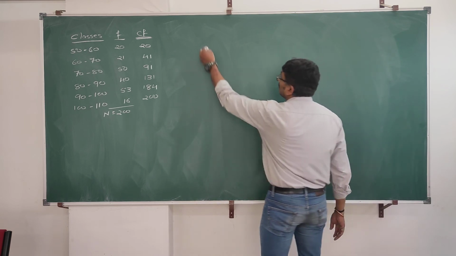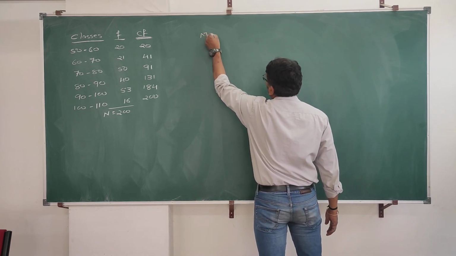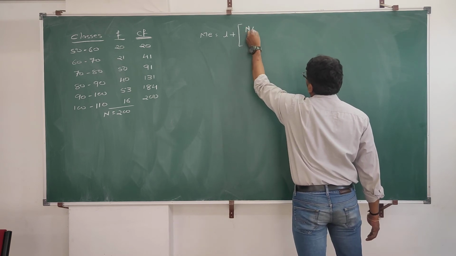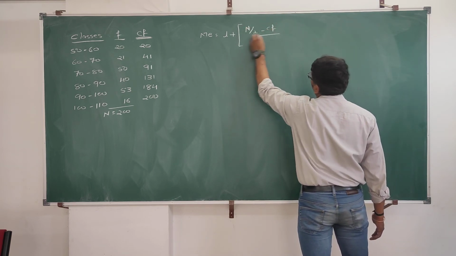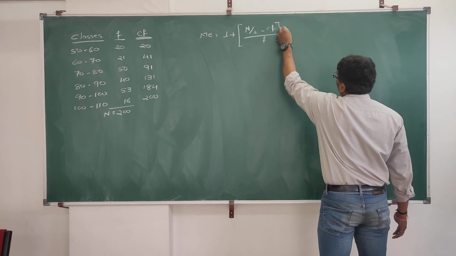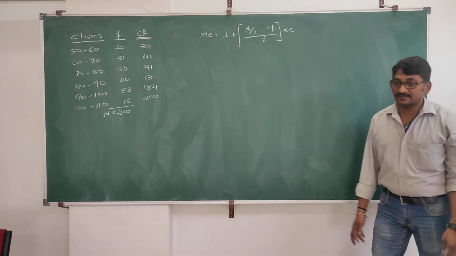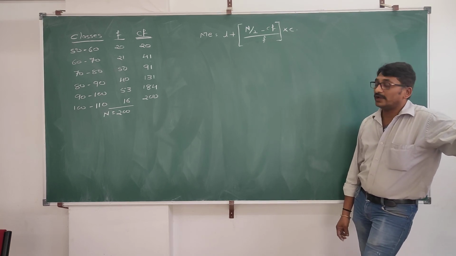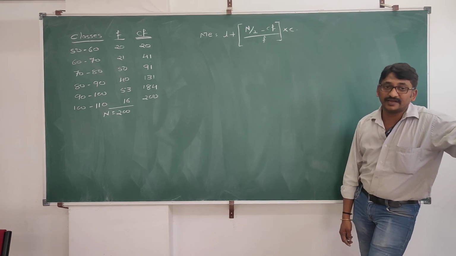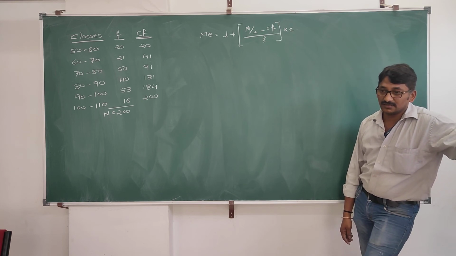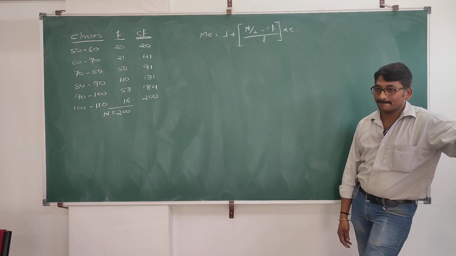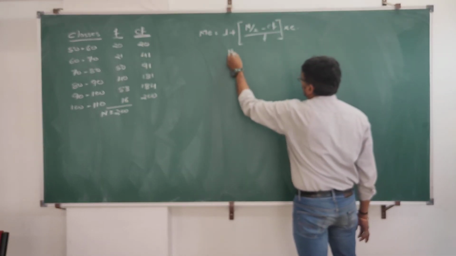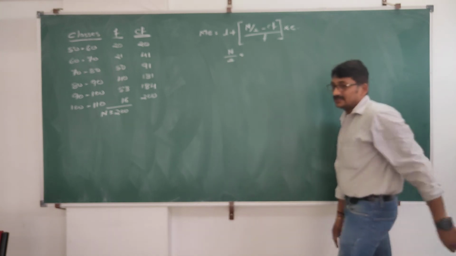Now apply the formula. The formula of median is equal to L plus, into bracket, n upon 2 minus CF, divided by F, into C. Write this formula first. Now to calculate median, first of all we have to start with n upon 2.